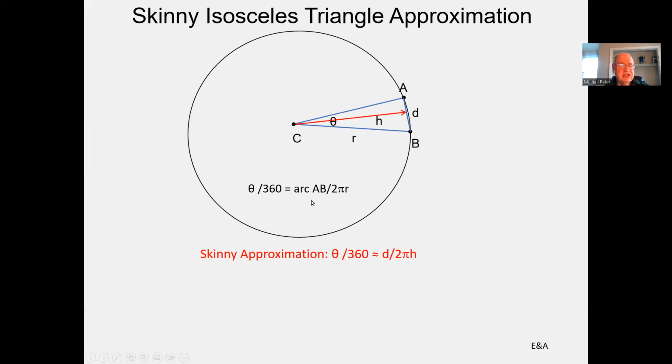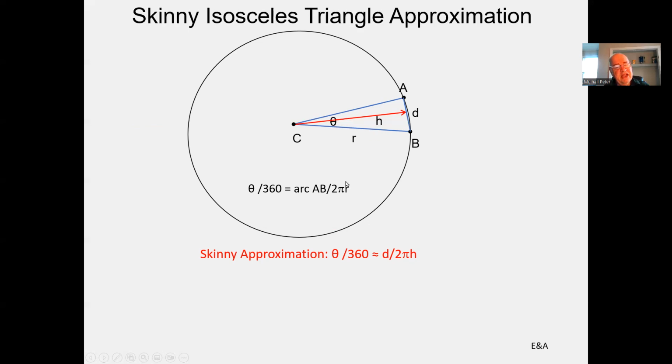The reason this approximation works so well is that when this angle is very, very thin, the arc AB is virtually the same as the straight line distance D, and the height of the triangle is virtually the same as either of the two legs.